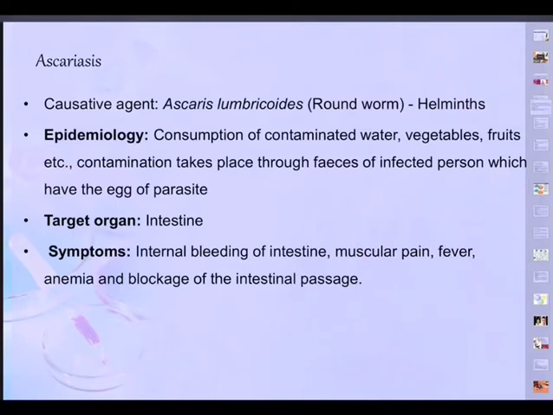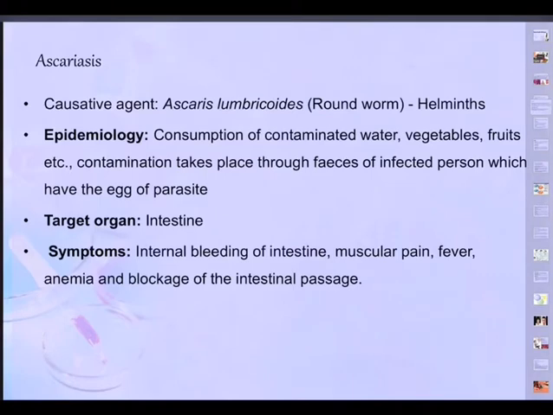A healthy person acquires infection through contaminated water and contaminated soil also. And what are the symptoms? Adult worms obstruct the intestinal passage, thereby causing severe abdominal pain, or colic pain, indigestion, diarrhea and vomiting.